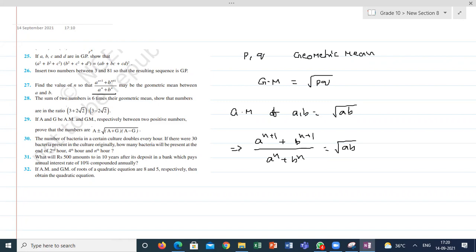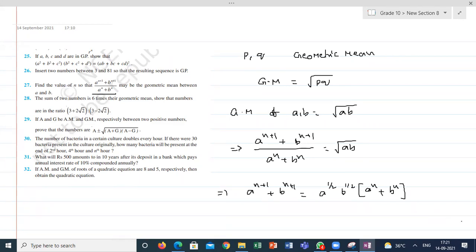How will you solve this question? So a power n plus 1 plus b power n plus 1 is equal to a power 1 by 2 b power 1 by 2 into a power n plus b power n.